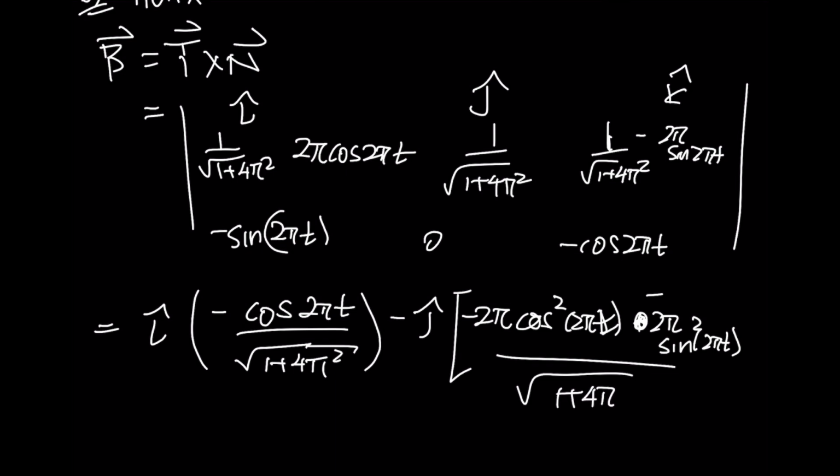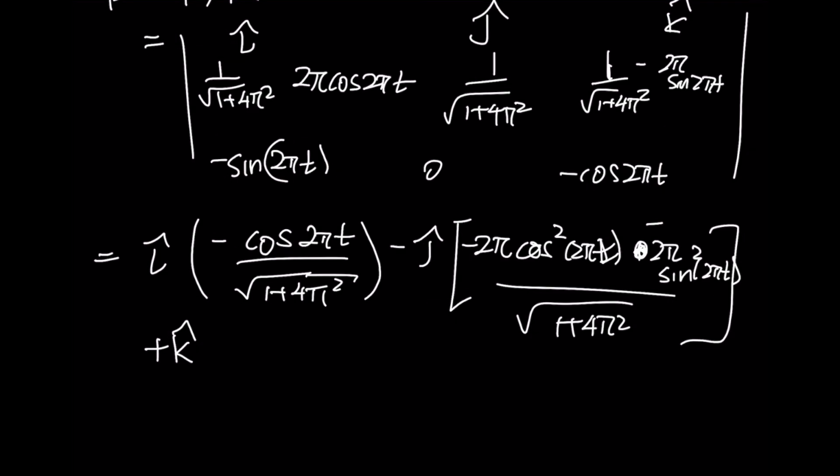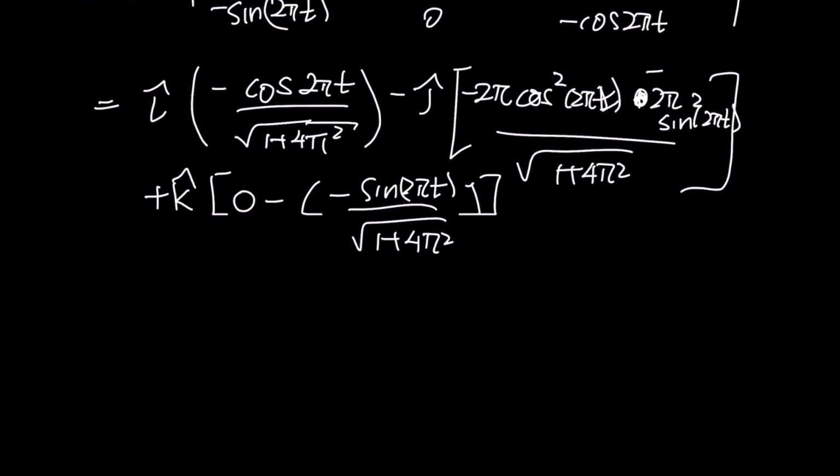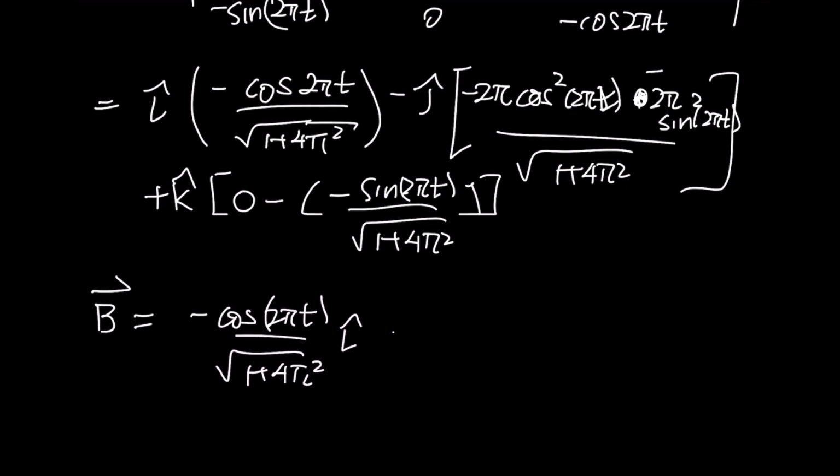And then finally, your k component, you'll have a negative subtract a negative sine of 2 pi t over that square root. So it's just computational, but at the end of the day, what you will find is that the binormal vector is cosine of 2 pi t over that square root in the i direction, 2 pi over that square root in the j direction, and then you'll have a sine of 2 pi t over that square root in the k direction.